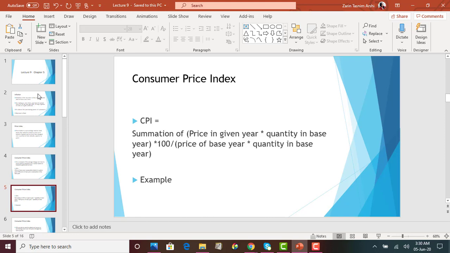The CPI is given by the summation of price in the given year times quantity in the base year, divided by the summation of price in the base year times quantity in the base year. Then the whole thing is multiplied by 100, because this is a percentage that shows an extent.